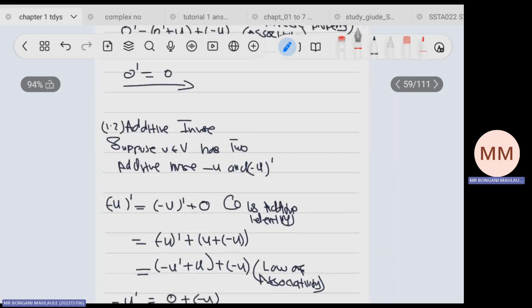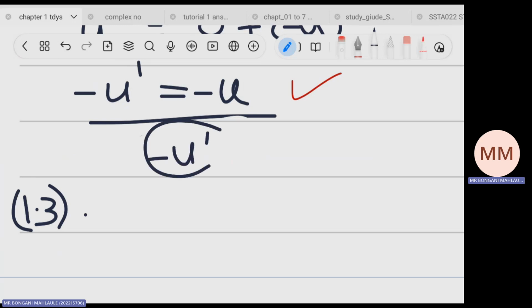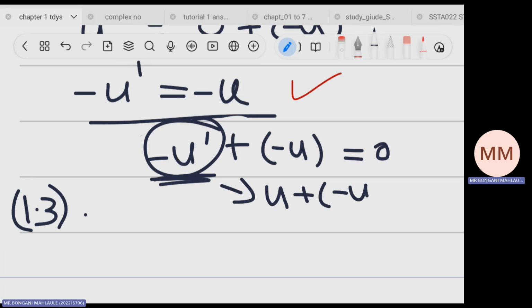So you'll also check it. Then 1.3, it is correct. Remember, when we add negative u prime plus negative u, this is equal to 0. Remember that this is the same as u plus negative u is equal to 0.